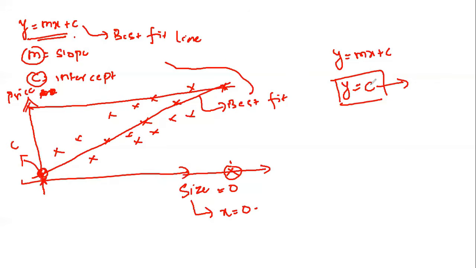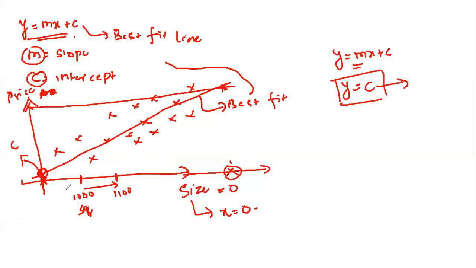The other thing that I want to discuss is m. This m basically indicates that, suppose over here I have 1,000 square feet, and here I have suppose 1,100 square feet, right? Now, suppose I'm considering that 100 is my unit change on the x-axis.